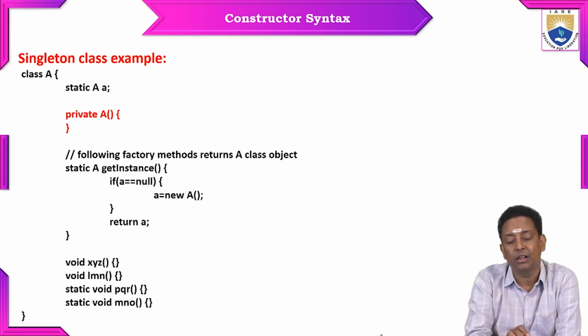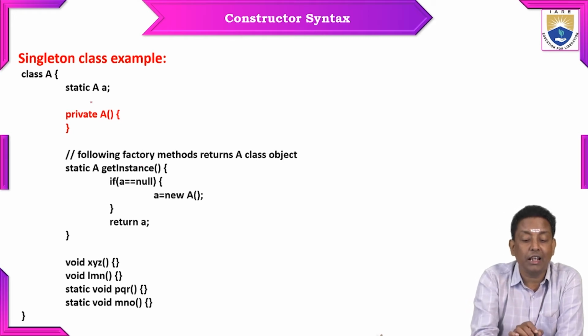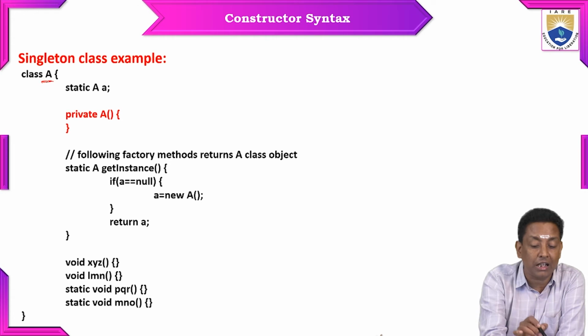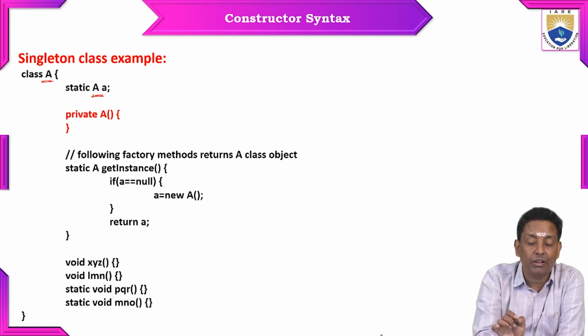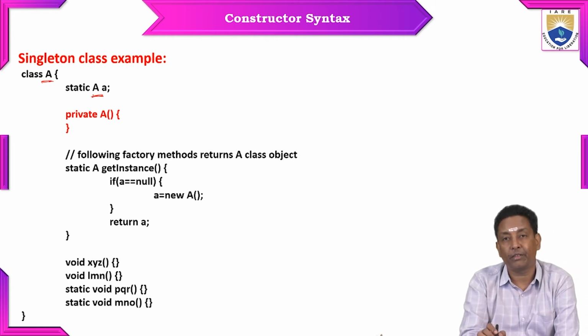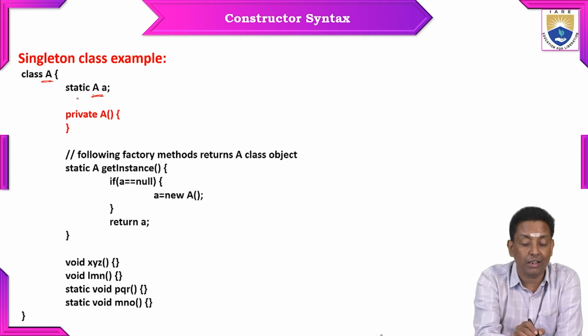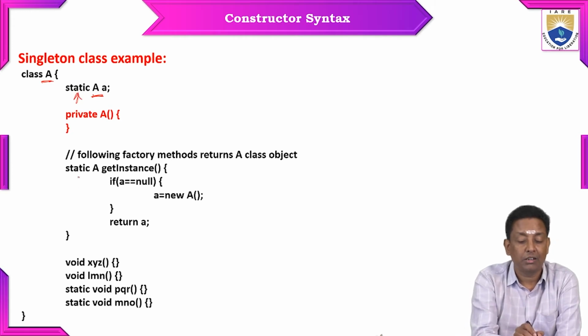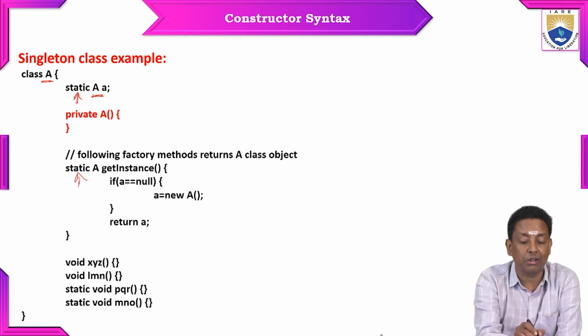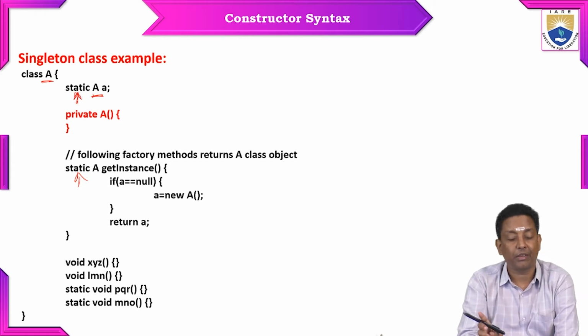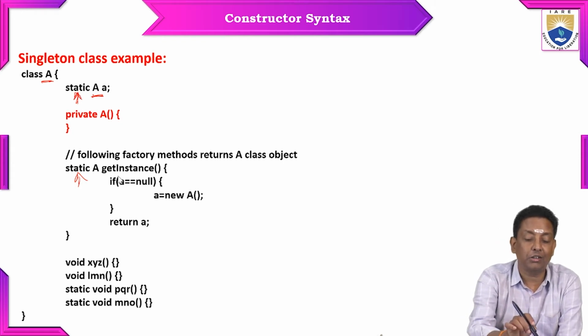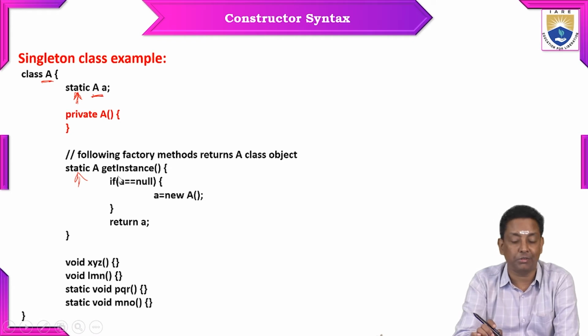Who creates singleton class objects? The same class itself, through one static method. How does this method know that the class is already instantiated? That is why in class A we declared one reference, static A a. We are creating one reference within the same class with the modifier static, because static methods can access only static members. If the method were not static, I would simply declare it as an instance variable.